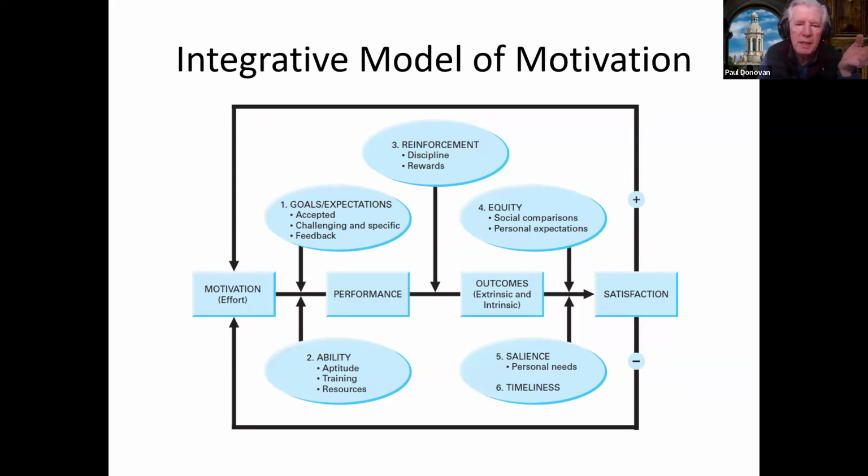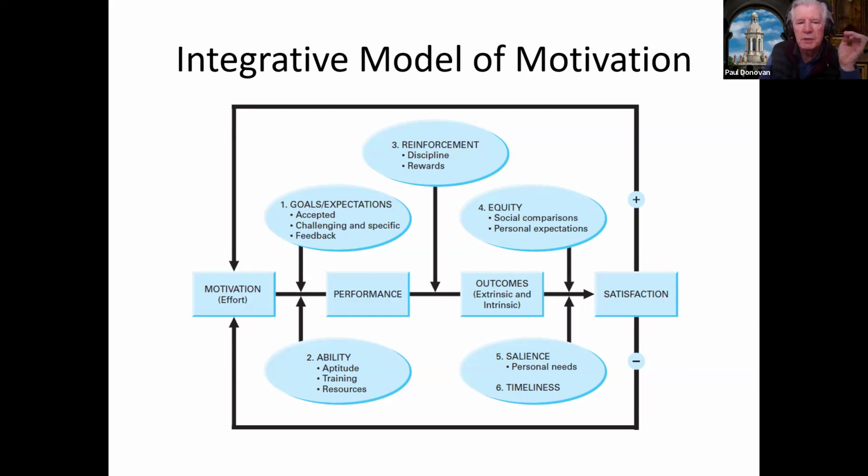Now, the second stage of that expectancy theory involves a question about what will happen if I achieve the performance. Is there a possibility that it would lead to some kind of outcome? So we have three questions.